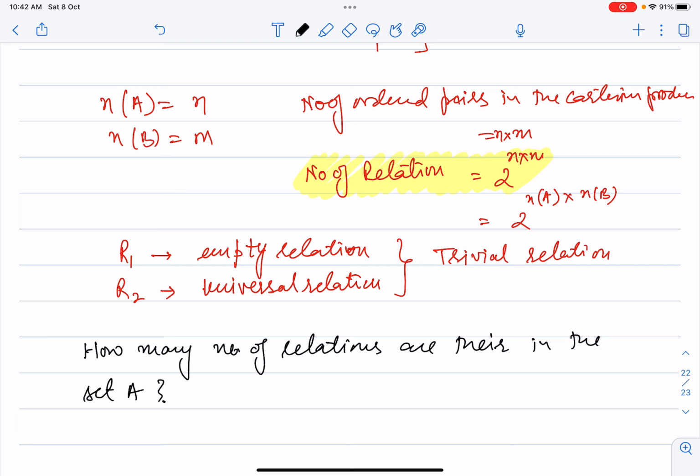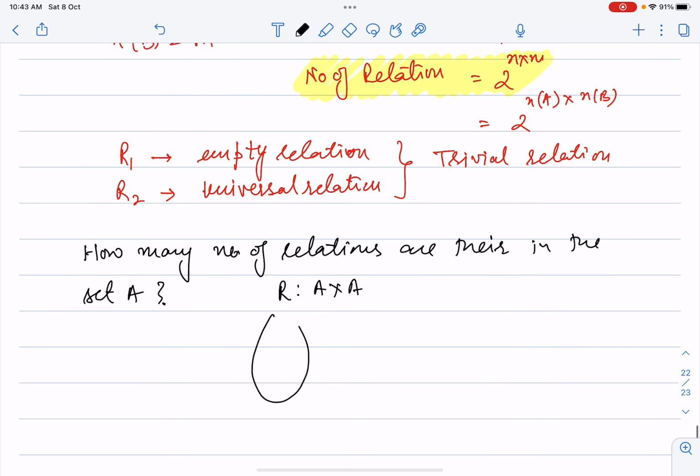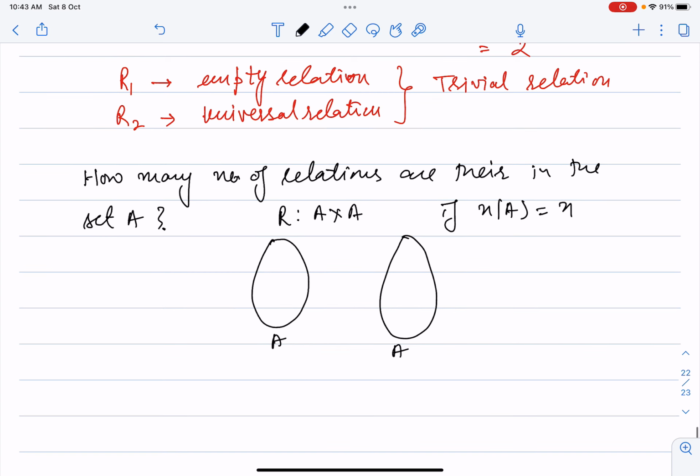It means the relation between A to A, that is R, a relation from A to A. Suppose there is A and there is A over here. How many relations are there in the set A if n(A) is equal to n? The number of relations will be 2 to the power n into n, that is 2 power n squared.